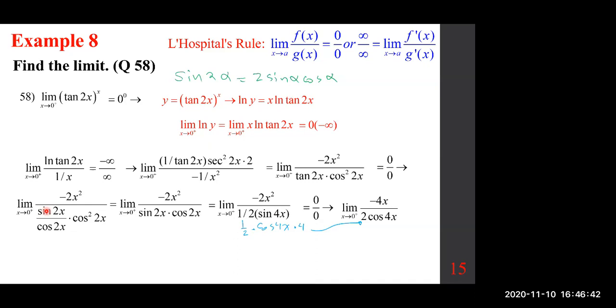So it becomes 0 over 1, or 0. And as I mentioned, going back to the original question, the answer is e to the power of the same thing. So your answer is e to the power of 0, which is 1. And again, I'm showing you the justification, but in short, just e to the power of whatever you got is the answer.